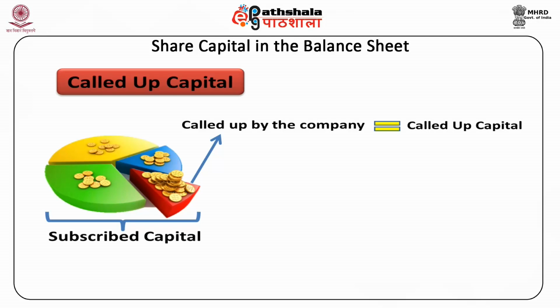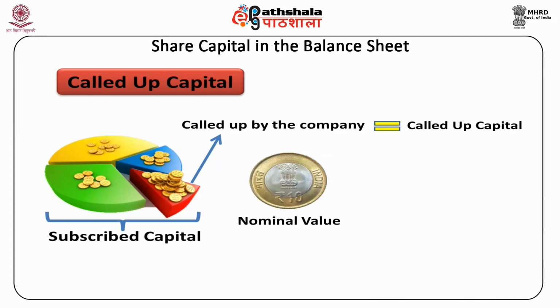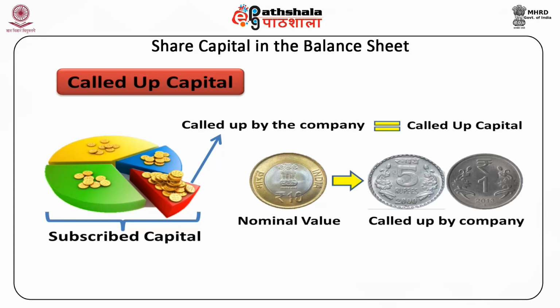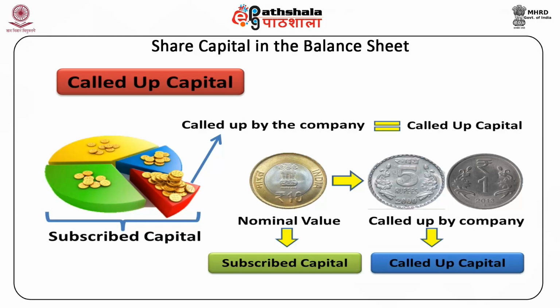Example, if the nominal value of a share allotted is rupees 10 and the company has called up only rupees 6 so far, rupees 10 will be included for the purpose of calculating subscribed capital and only rupees 6 will be included for calculating the amount of called up capital.